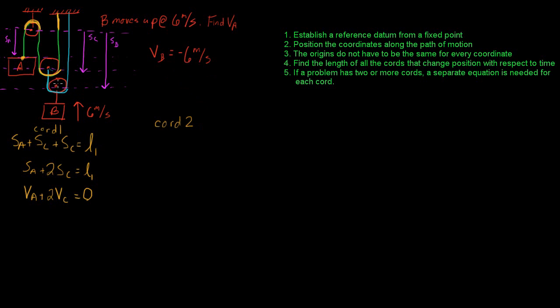So with chord 2, if we start right here and we trace the length of our chord, ignoring this distance and ignoring this distance because they're constant, we get a length of SB minus SC.